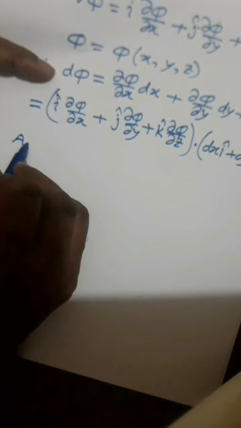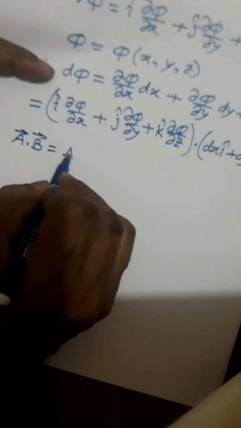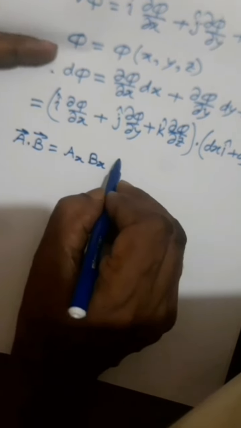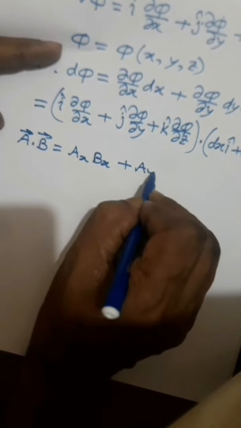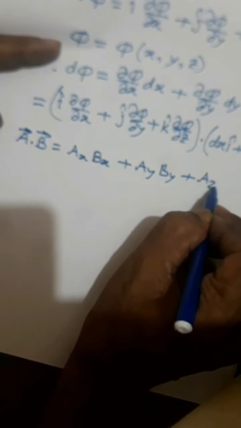A dot B equal to ax bx plus ay by plus az bz.